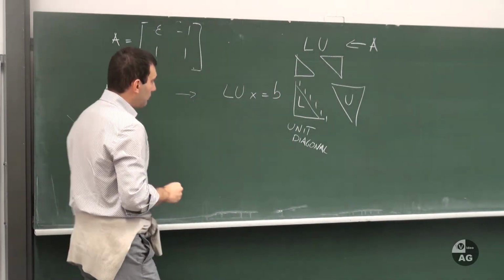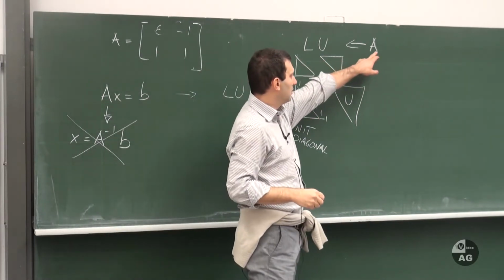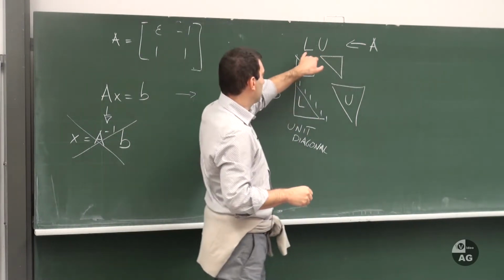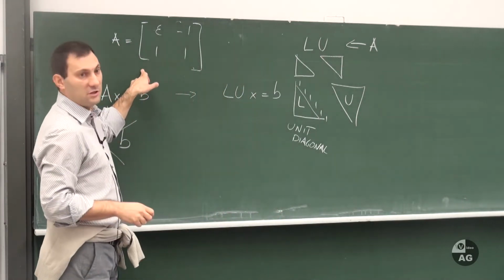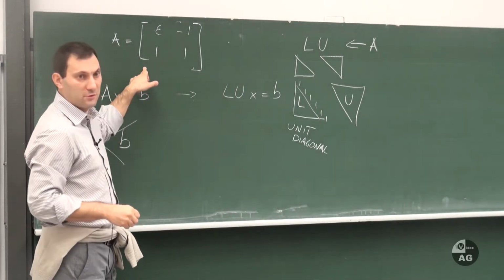So the goal is we start from A, we want to compute L and U. And we are going to do this for a very, very simple 2 by 2 matrix.